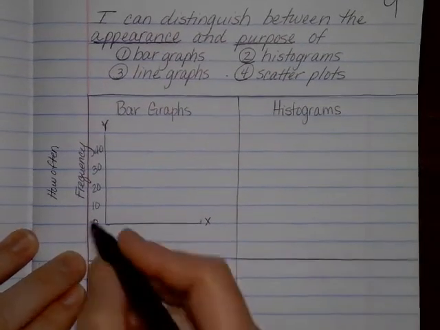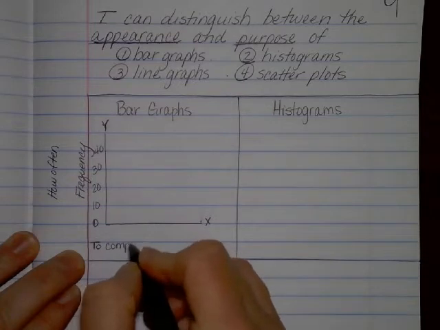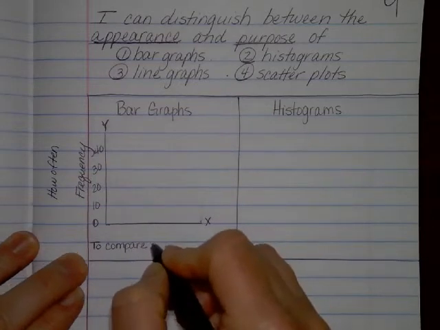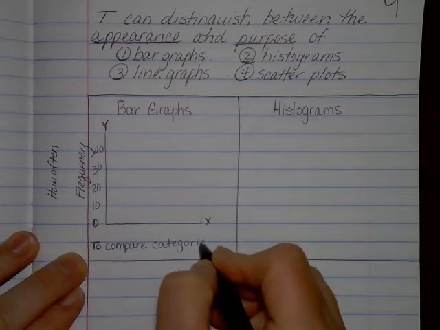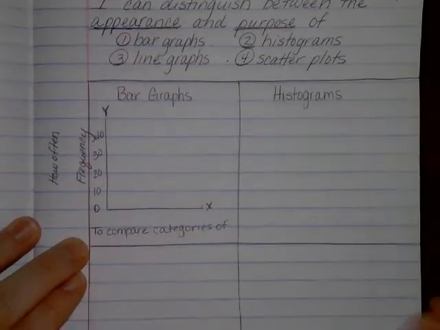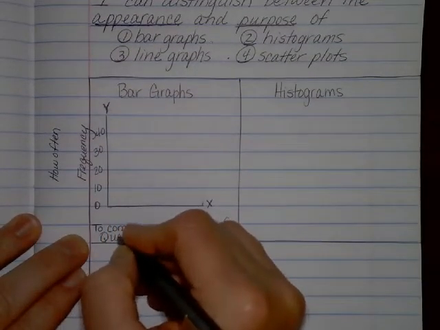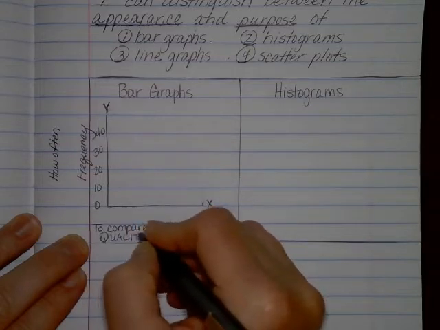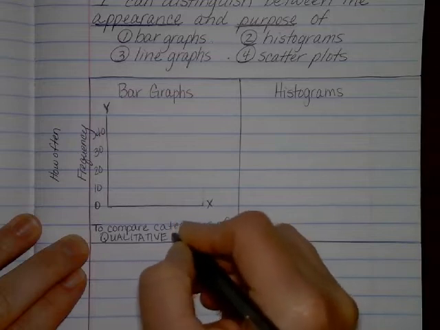Okay. And a bar graph is used to compare categories of, and this is an important science word, please pay attention to this word, qualitative data.